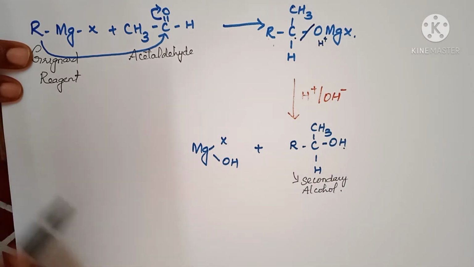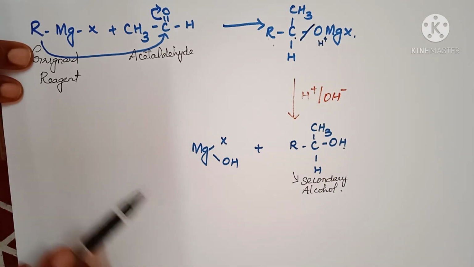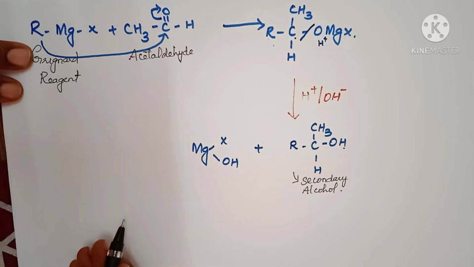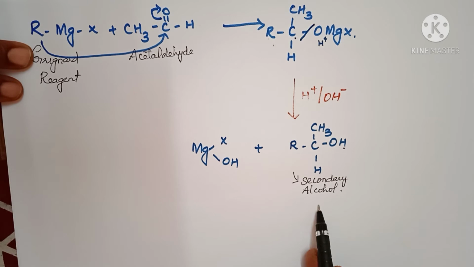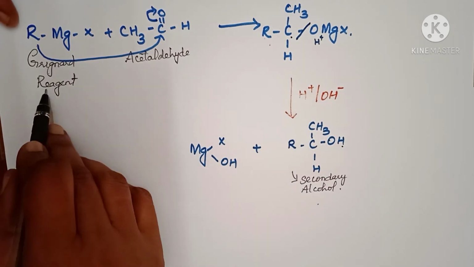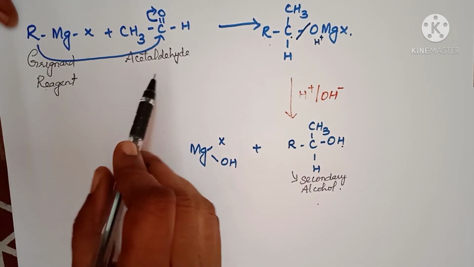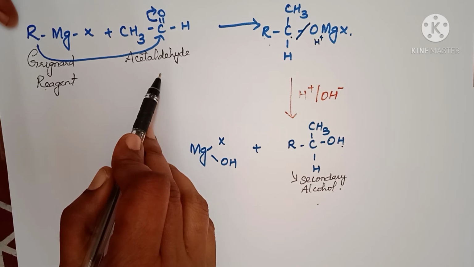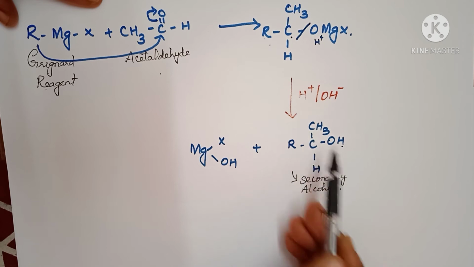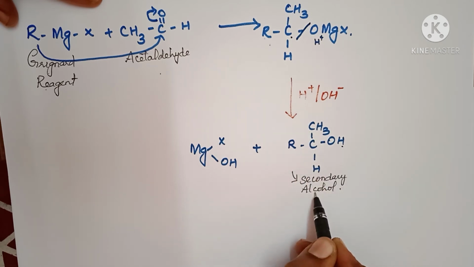Okay, now they may ask this question. Grignard reagent is combined with a compound and you are receiving a final product of secondary alcohol. So how do you write the equation? Or compound A combined with compound B, which is going to get hydrolysis, you will receive the secondary alcohol.